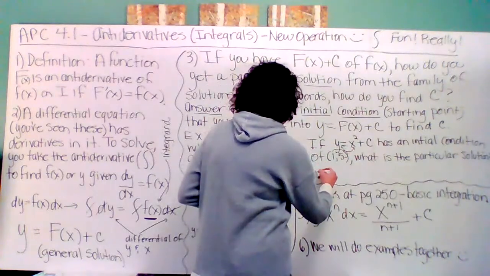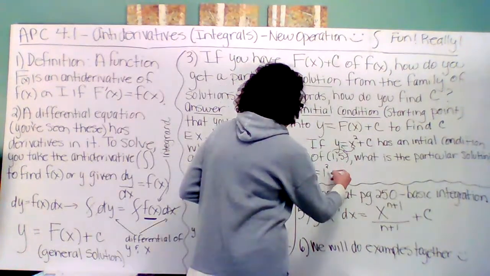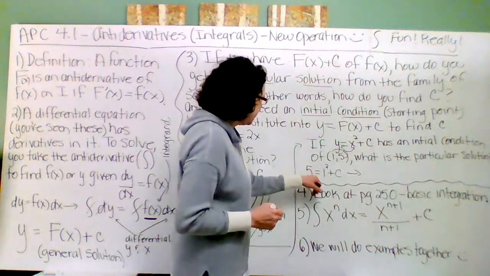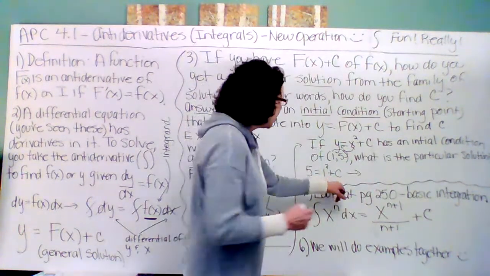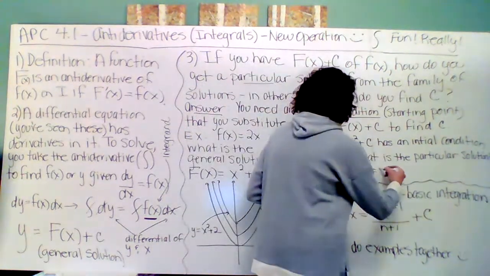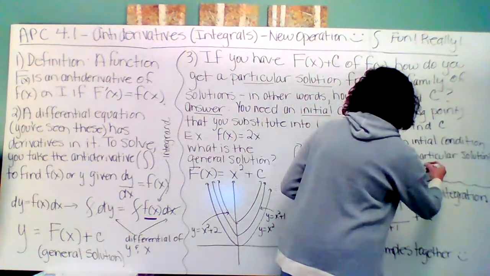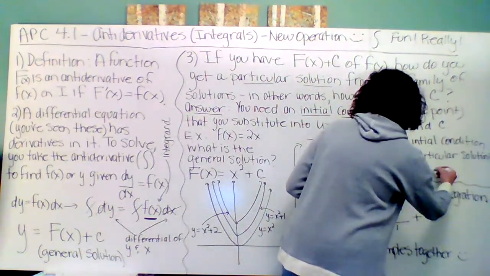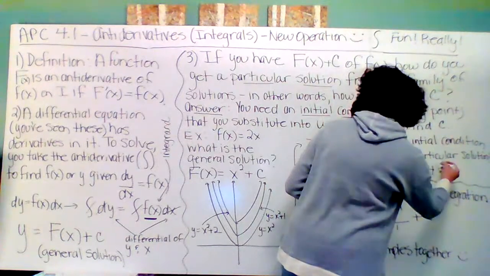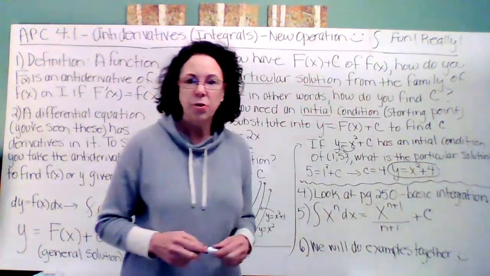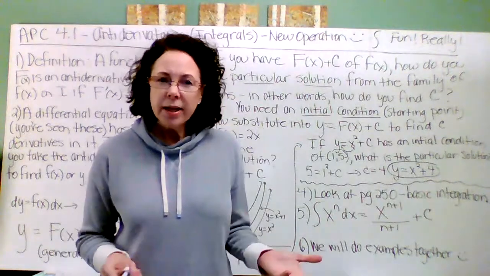So we have 5 equals 1 squared plus c. Notice that is 5 equals 1 plus some number. Obviously, c equals 4. And so our particular solution, given an initial condition of the point (1, 5), is y equals x squared plus 4. Super easy.